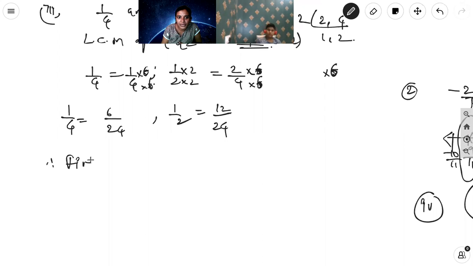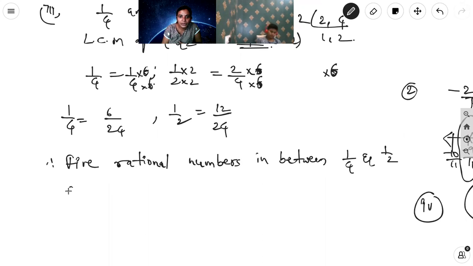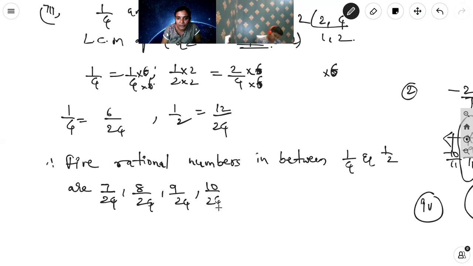Therefore, 5 rational numbers in between 1 by 4 and 1 by 2 are, 1 by 4 means 6 by 24, 7 by 24, 8 by 24, 9 by 24, 10 by 24, 11 by 24.